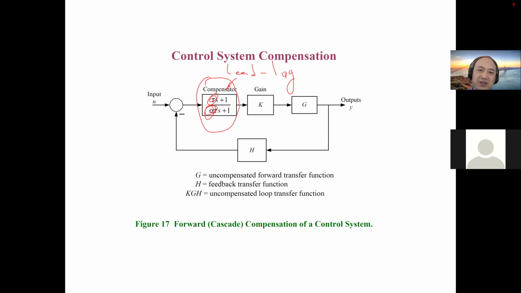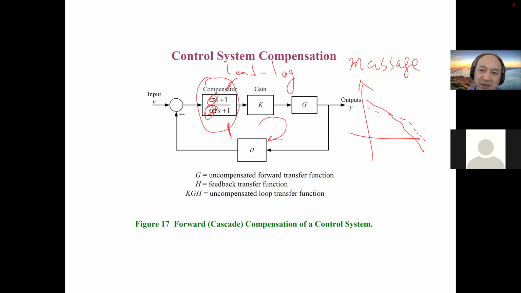You can use that to, let's use the word, massage the response. Say this is 1, okay? Your Bode plot looks something like this. You don't like this, so you want to massage it so that it looks something like this. That is the way to change this solid line to the dashed line.